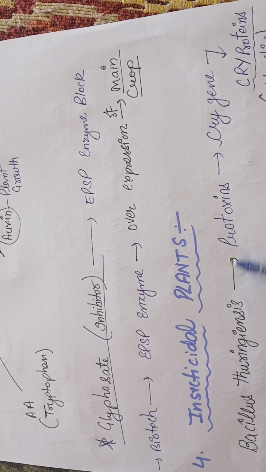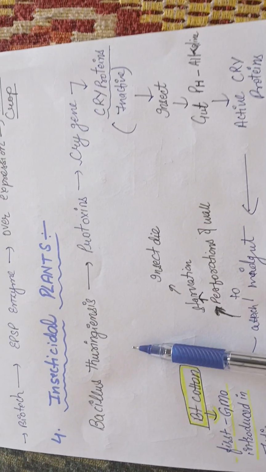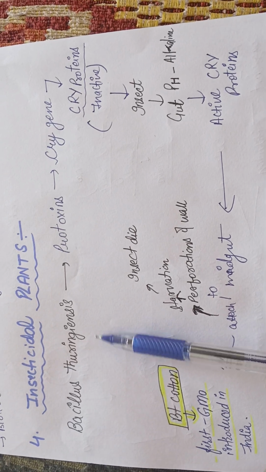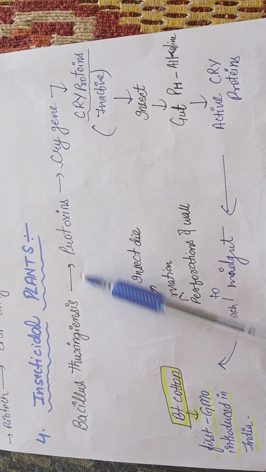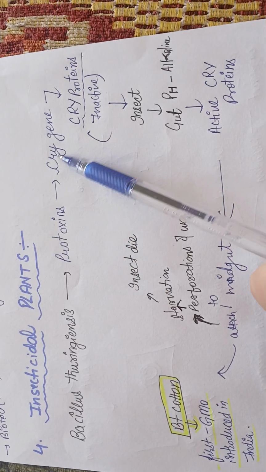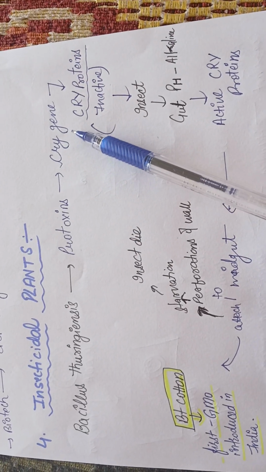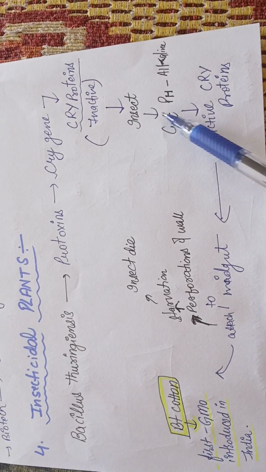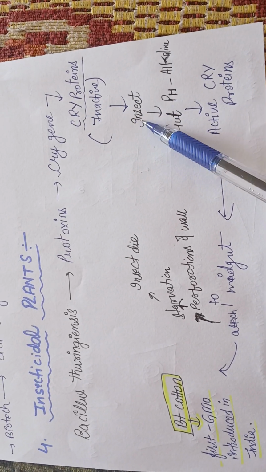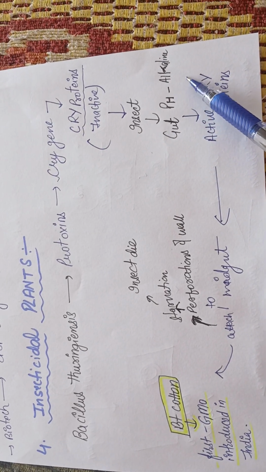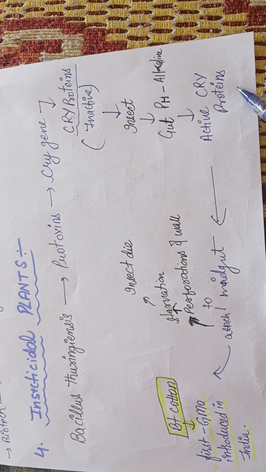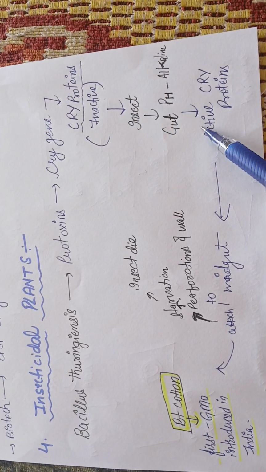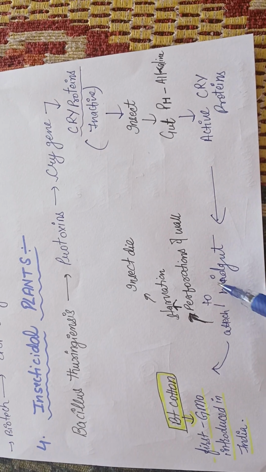Next is the insecticidal plant. For insecticidal plants we have Bacillus thuringiensis, which has a protoxin gene called cry, and the cry gene gives Cry proteins, which are in inactive form. When it goes inside the insect's gut, the pH is alkaline, so the Cry protein becomes active there and attaches to the midgut.